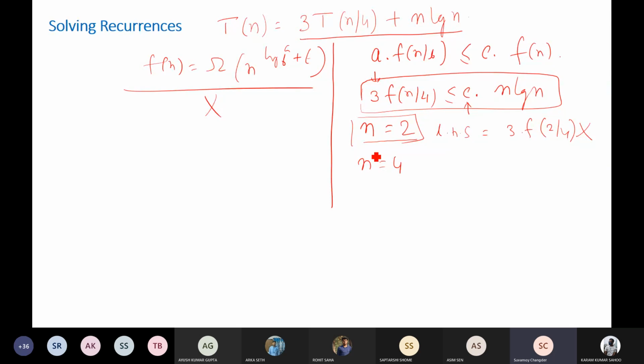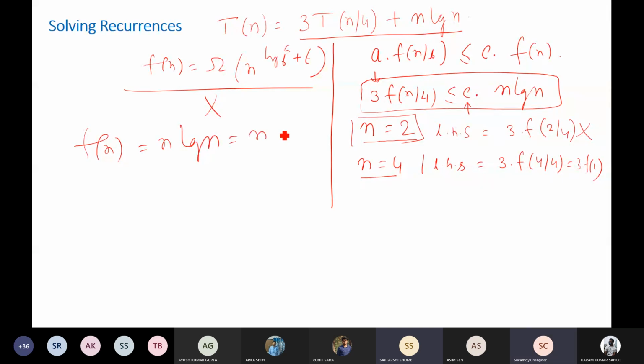So for n equal to 4, the left hand side is 3 into f of 4 by 4, that is 3 into f of 1. Now what is the value of f of 1? f(n) equals n log n, which is 0. So the left hand side is 0.